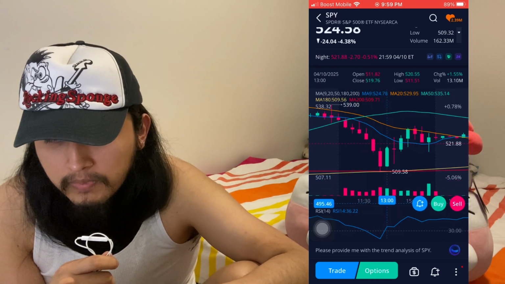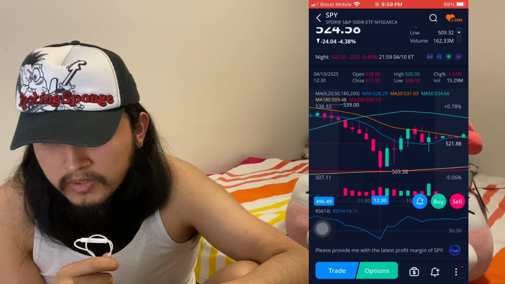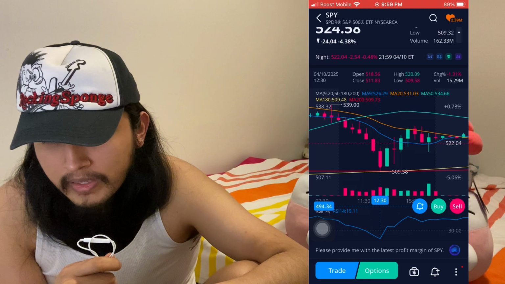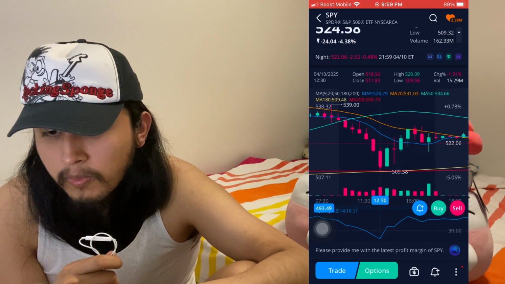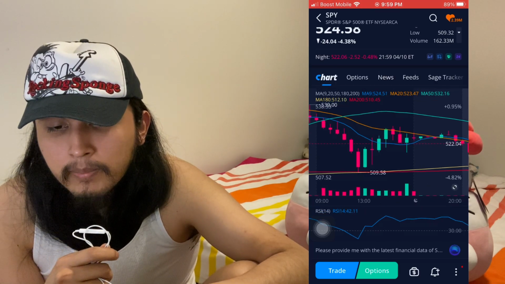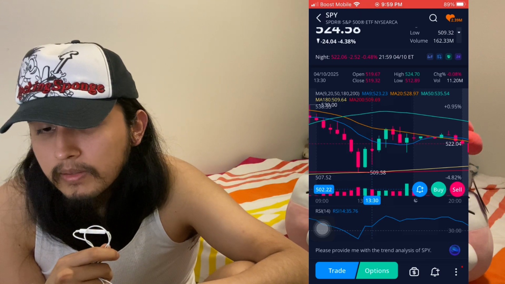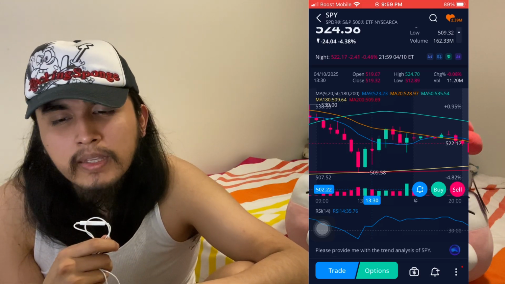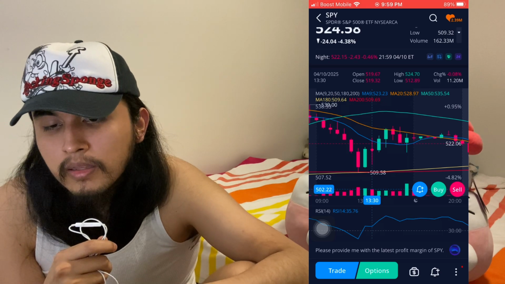At one point, it reached 509, but at a point, it used the 180 and the 200-day moving average as support, bounced off of it and then went upwards. But you can see that here on the 1330 candle, it didn't want to break the 9-day moving average, but somehow managed to break above it.